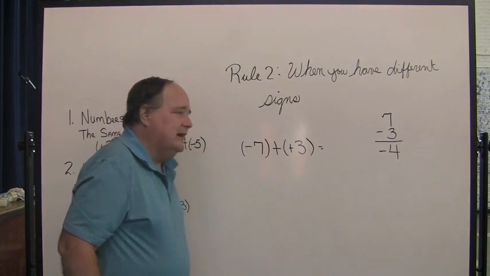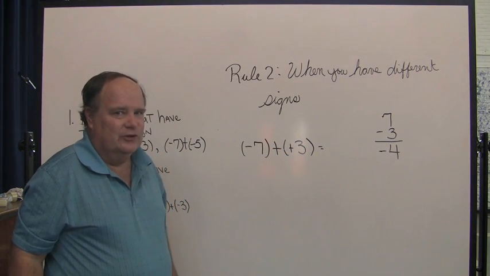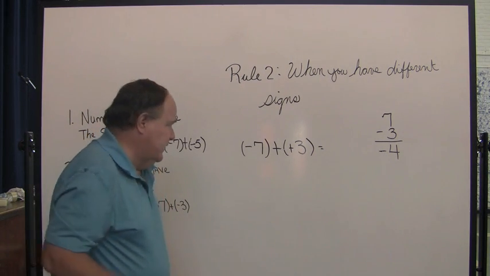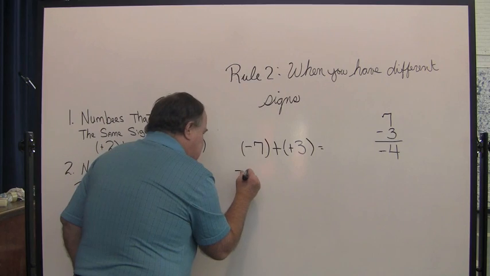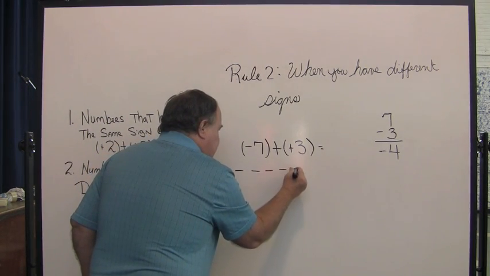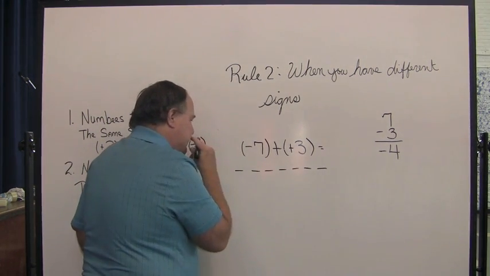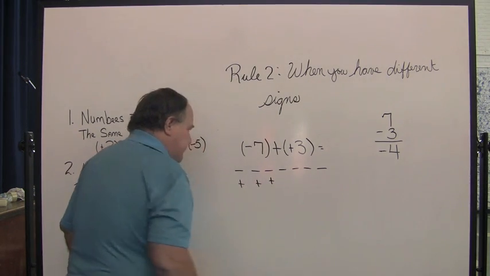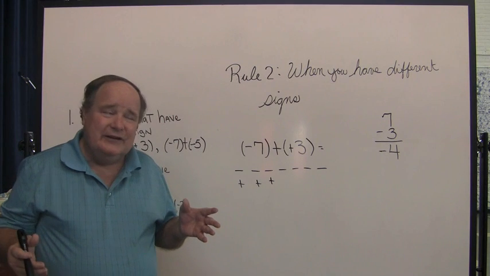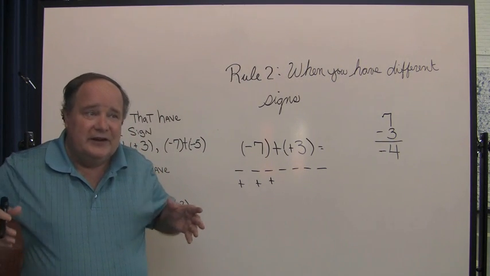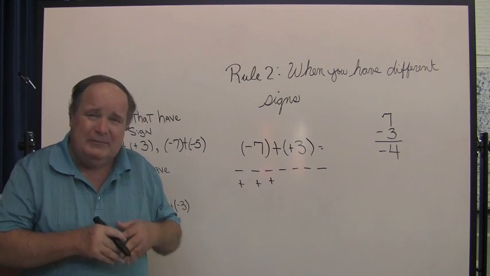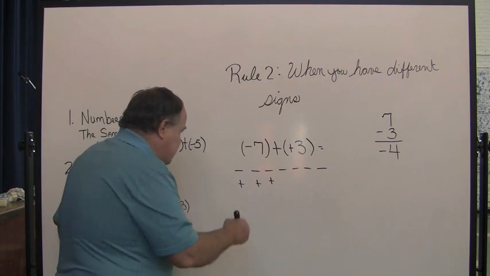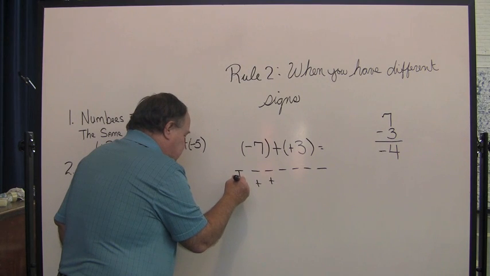Now another way to do this, if you don't like rules, is my army technique. These little dudes here, 1, 2, 3, 4, 5, 6, 7, are an army, and they're going against the positive guys. When a positive and a negative get together, they smash and collide and cause an atomic reaction, and they both disintegrate.